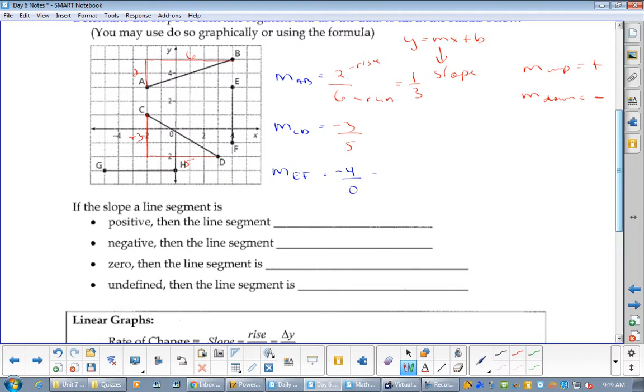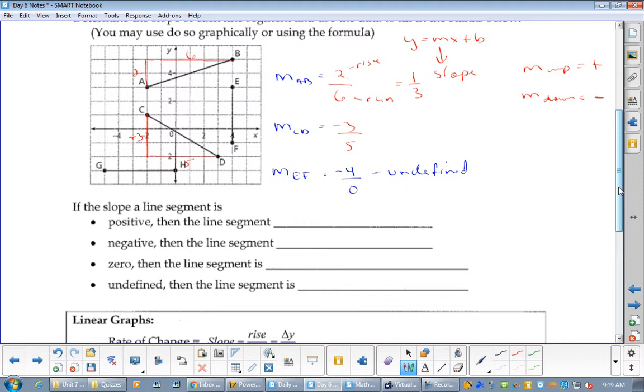Can't divide by 0, so that's undefined. Remember I told you about slope? That's infinite slope. If you've ever skied anything like that, that is scary stuff. Even if you ski a 30 degree, it feels like you're not even touching the snow as you're going down. Things are pretty tense when you're doing something like that.